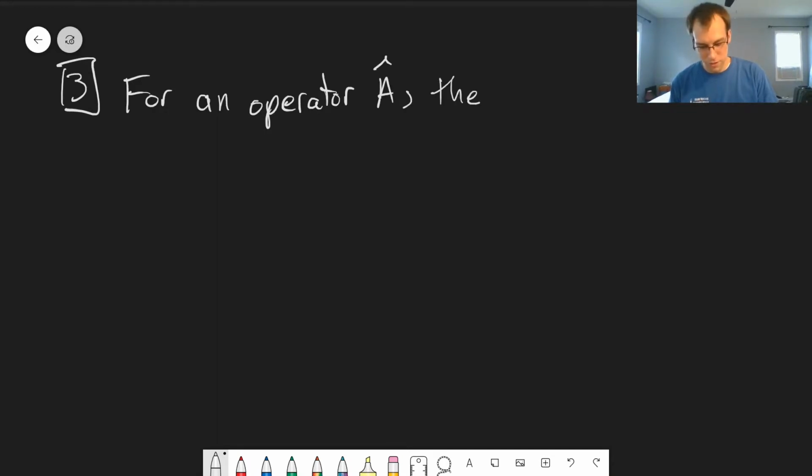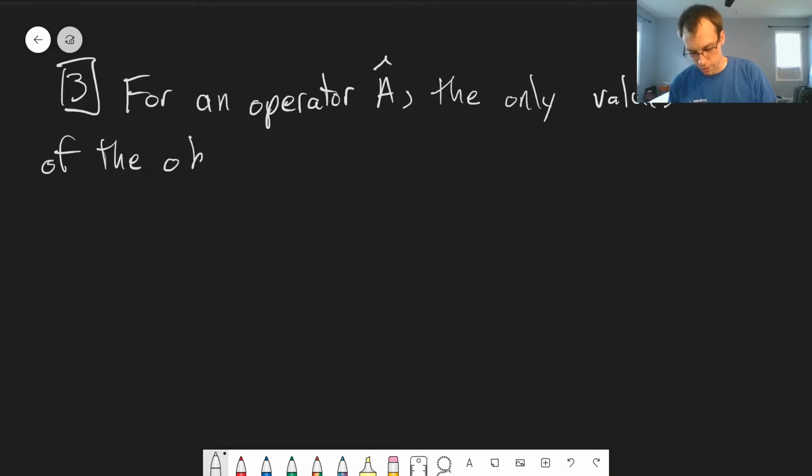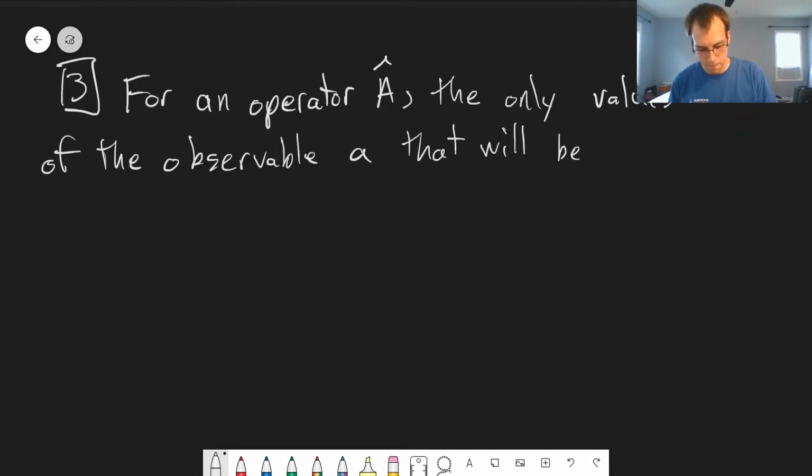The only values of the observable that corresponds to that operator A, which we'll call little a, so this could be, say, position or momentum or energy, the only values that will be observed are the eigenvalues.